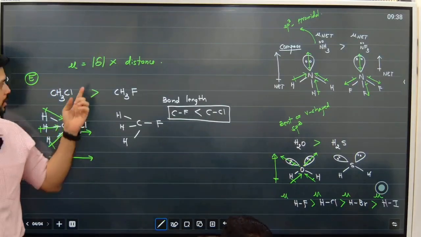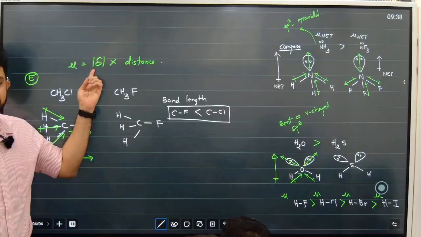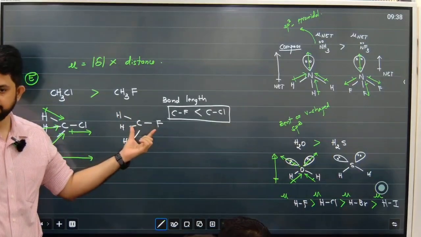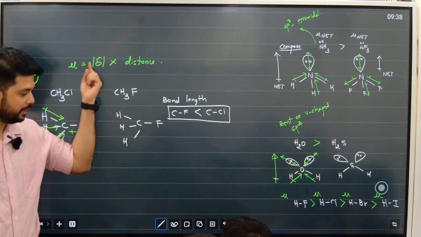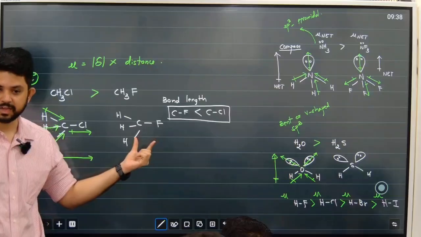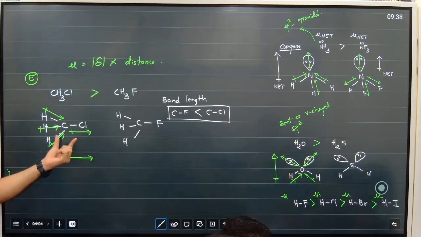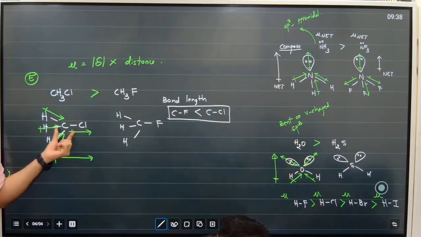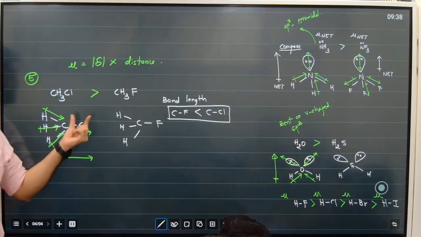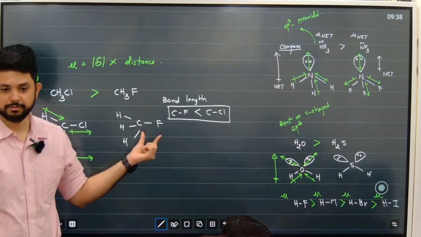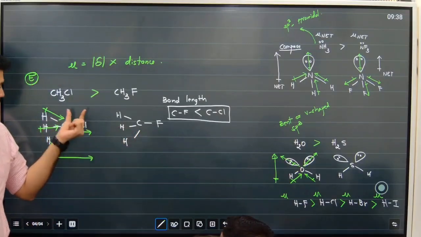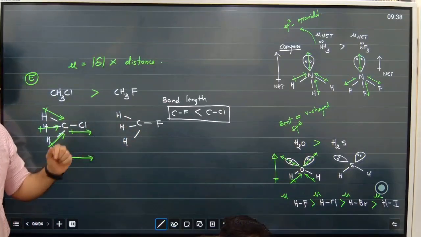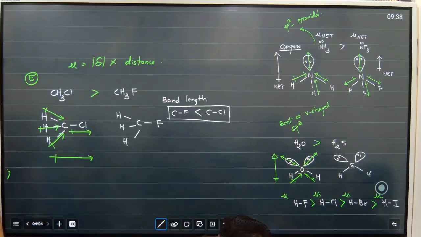So even though the magnitude of the charge developed in C–F is greater than the magnitude of charge developed in C–Cl, the distance between C and Cl is greater than the distance between C and F, making the dipole of CH₃Cl more than CH₃F.